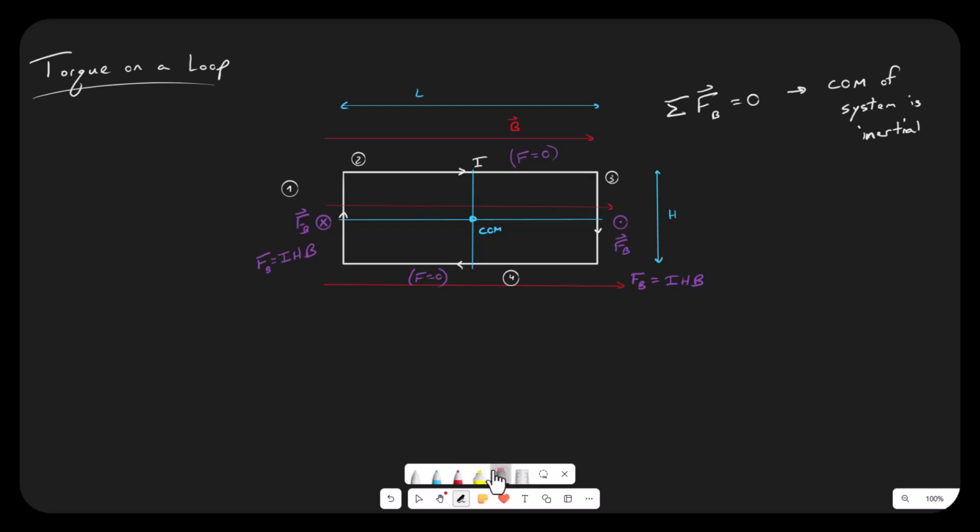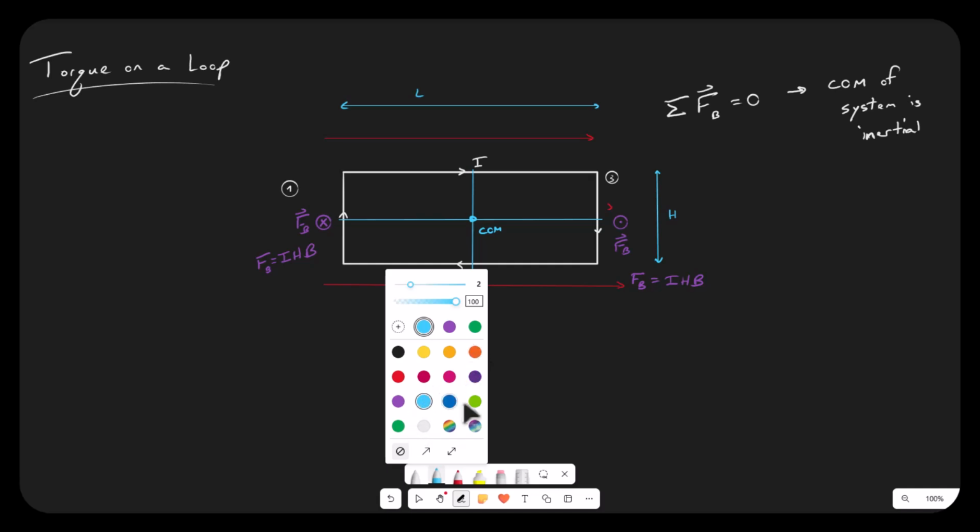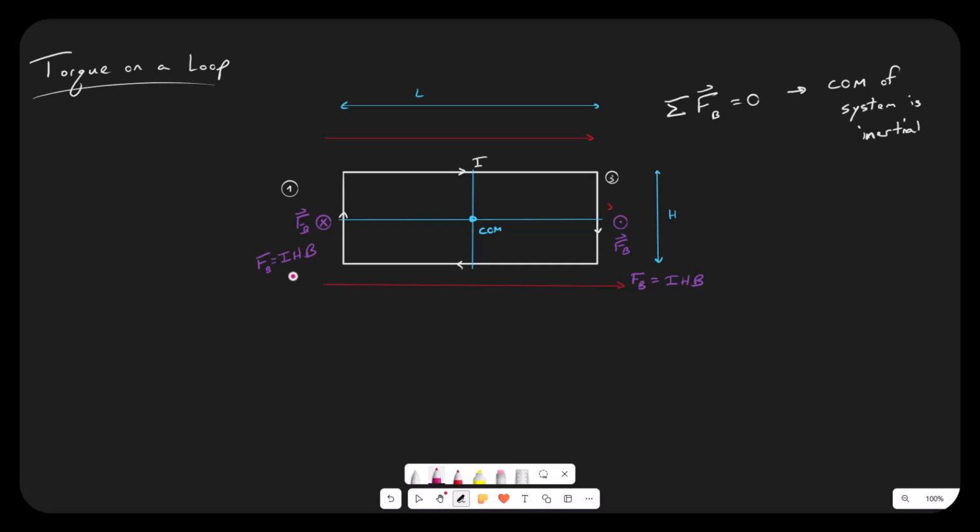I'm going to erase some of these extra things because this picture is getting really busy. I'm going to erase a couple of labels and these numbers. Okay, a little bit less going on. Over here on the left side of this thing, I have a force of IHB that points into the screen.